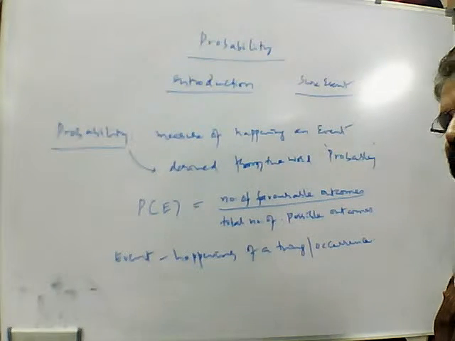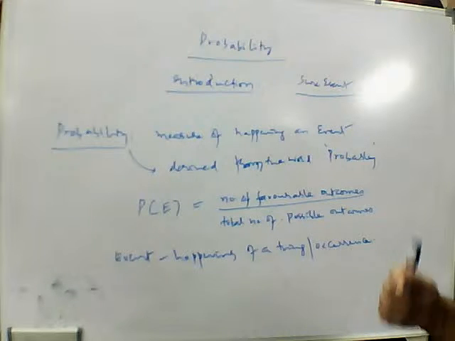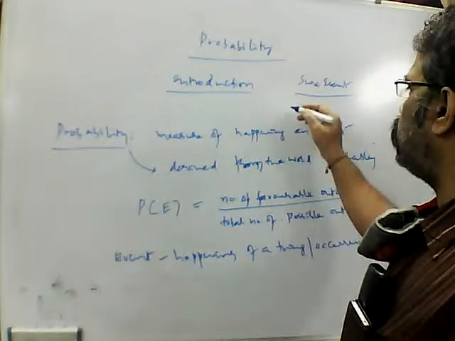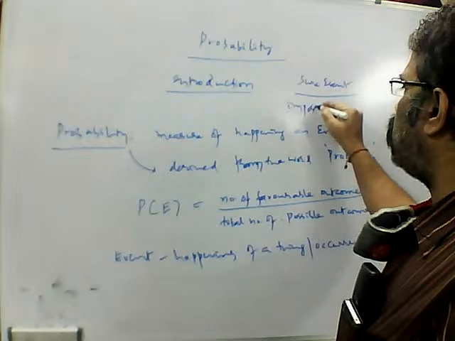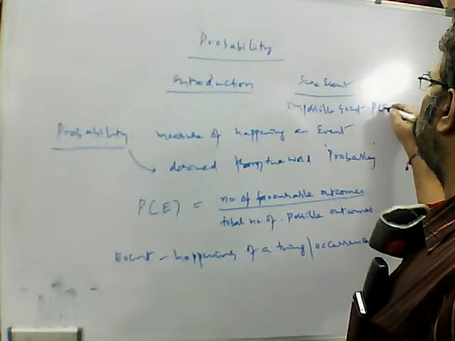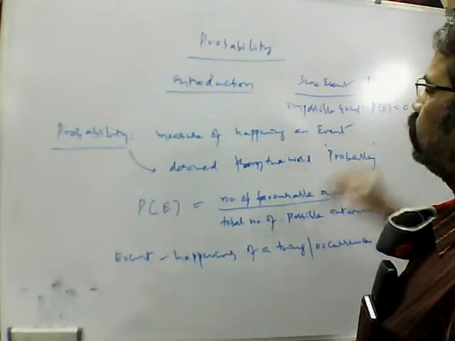If I want either head or tail, one should happen because in a coin there are two outcomes, either head or tail. So if I want either head or tail, it is called a sure event. But if I ask neither head nor tail, meaning I don't want head and I don't want tail, then it is called an impossible event because one should happen. So for an impossible event, the probability of E is equal to 0. For a sure event, the probability of E is equal to 1.